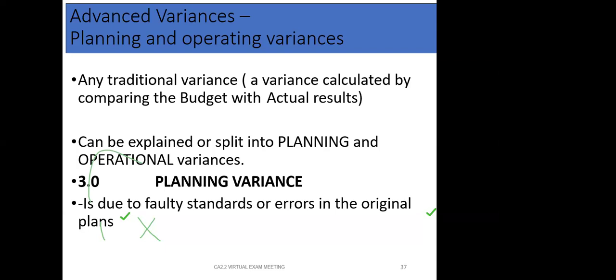Normally we always blame the actual result, but even the standard can be faulty. Poor planning, poor estimations. So the planning variance explains the extent to which your planning process was not accurate, was not correct.